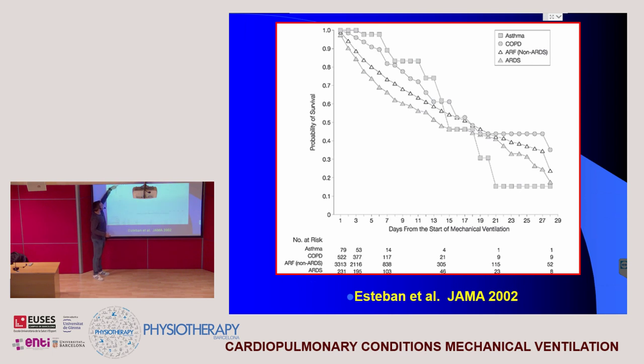Here you can see it's 50% probability of dying at between 13 and 15 days of mechanical ventilation. So it is extremely important to try to extubate as soon as possible.